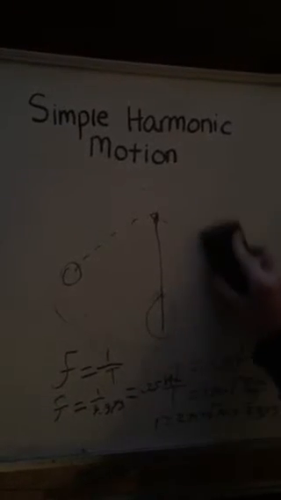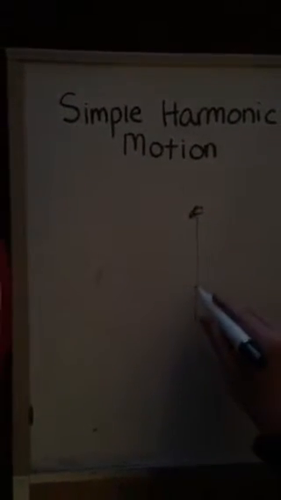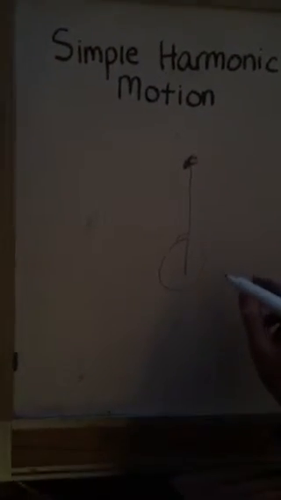Now, if you were given a problem that they only gave you the period and you were asked to find the length of the string, you could set it up in an equation like so. So let's say we have the oscillator. Make sure you draw the problem or draw the picture of the problem before solving.